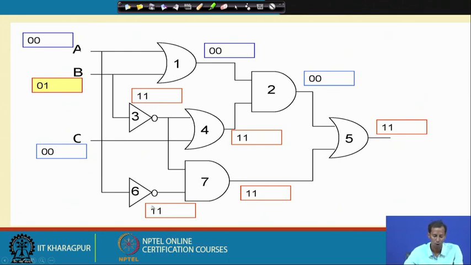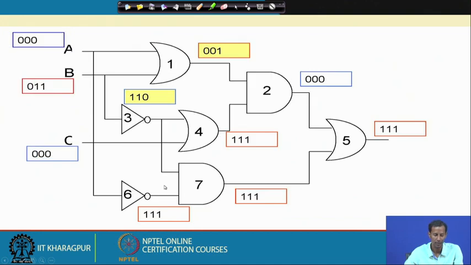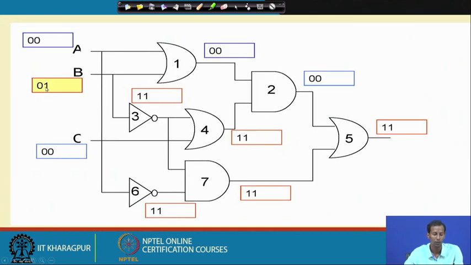Then again, if I look, it is changing to 1. That means now 1 is continued. At that time it will become 0, here 0 is continued, and 1 will be continued. So at this particular point what will it get? It will get 0 0 1. Why 0 0? Because this gate also has some delay.